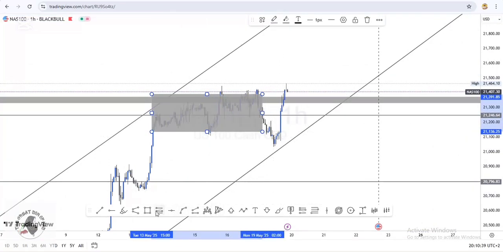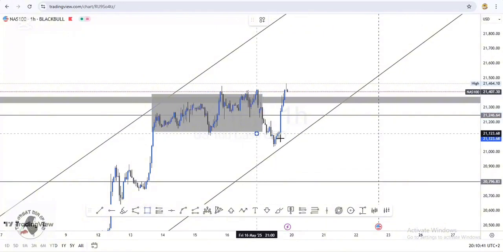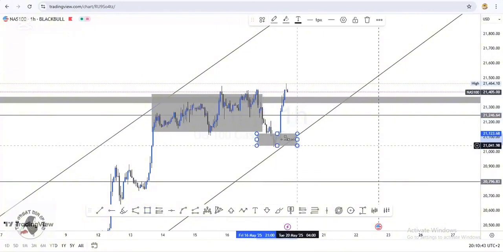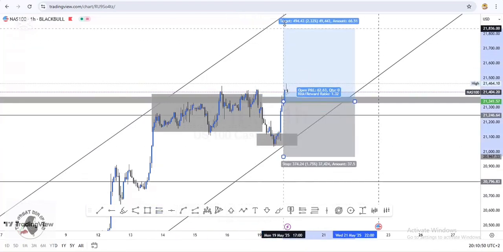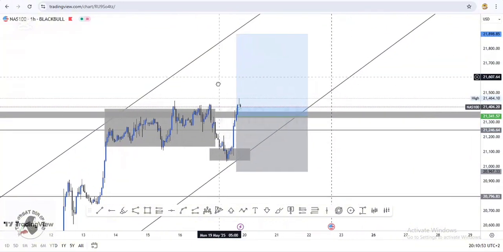See this point here, this could be your manipulation area, you understand? And that one could be our distribution area, you understand?